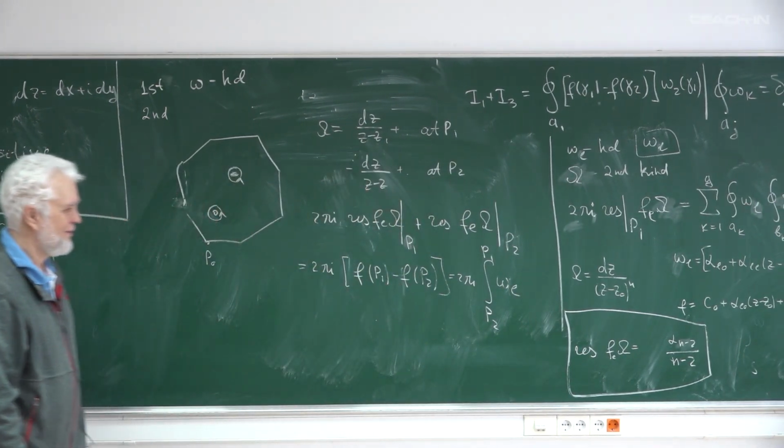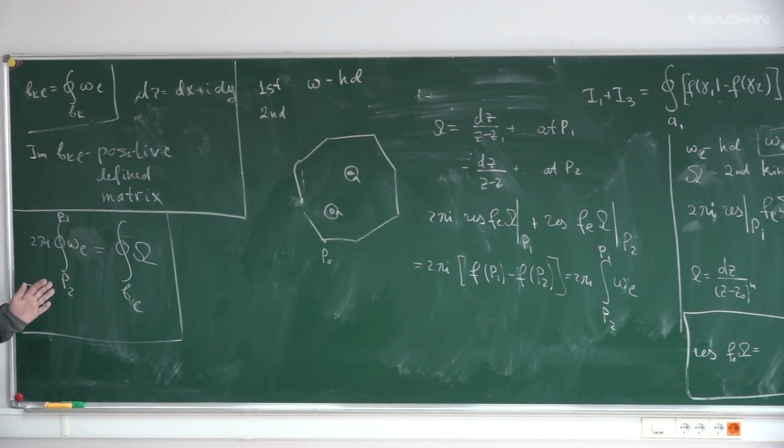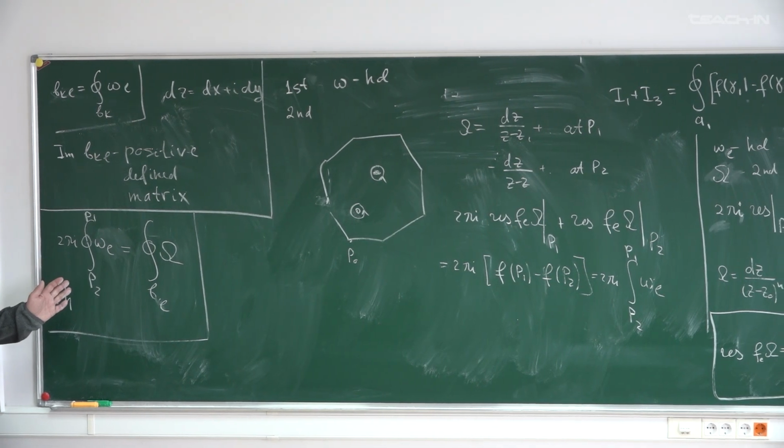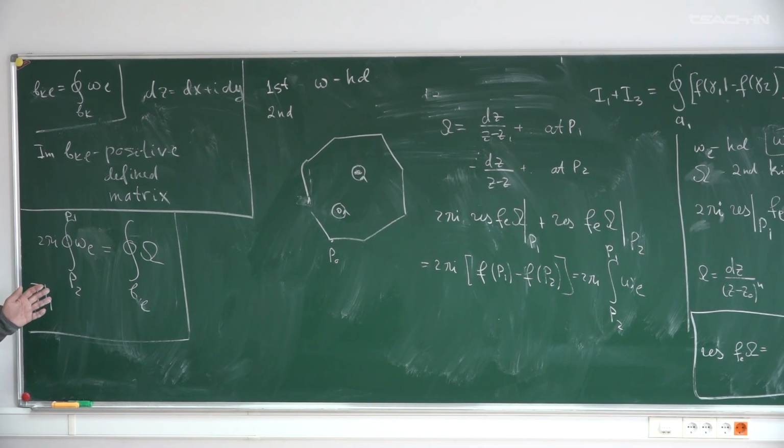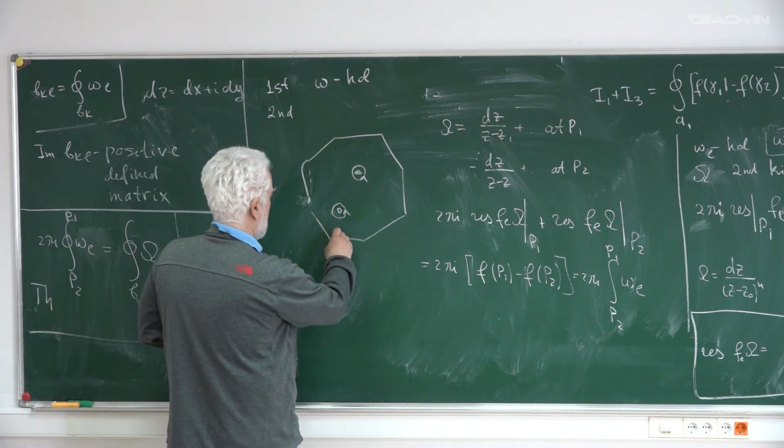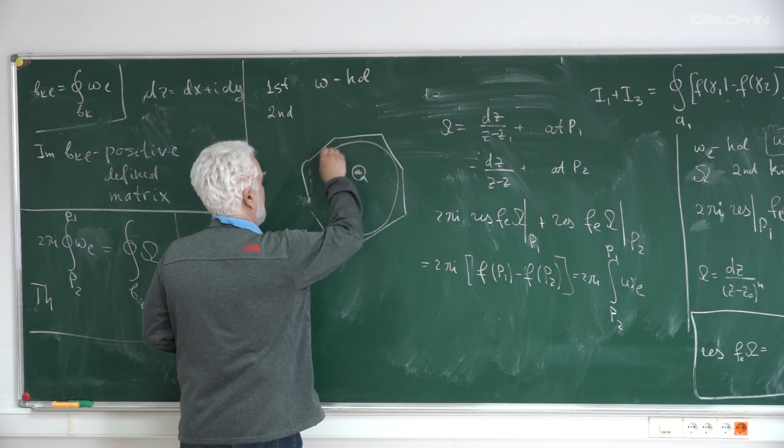You see? Okay? Sorry. I mean, so we prove that 2 pi times the sum of residues of f_L omega. We consider this contour integral.